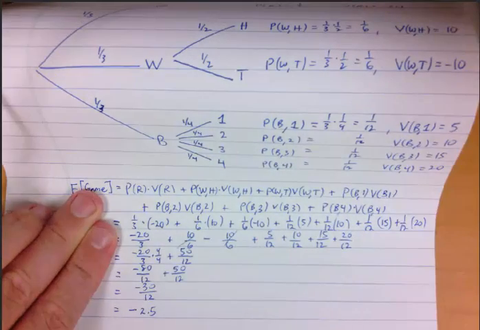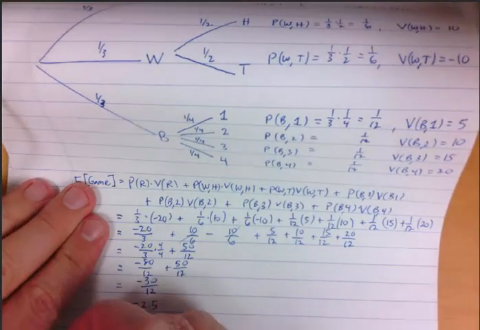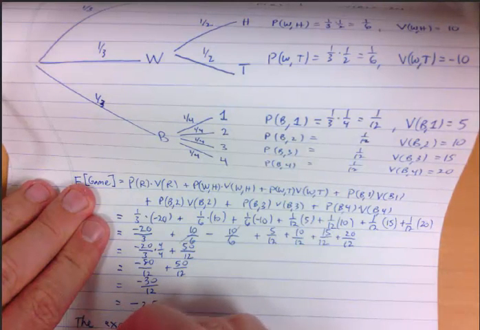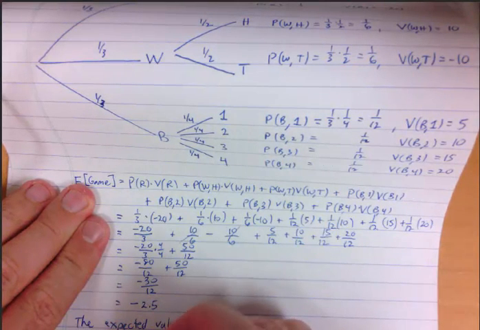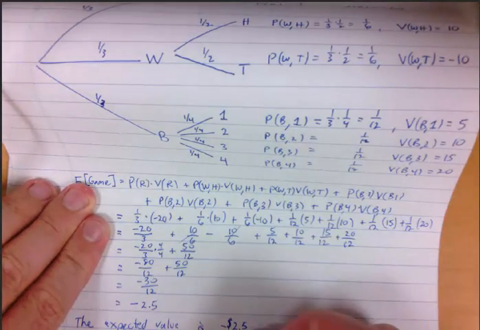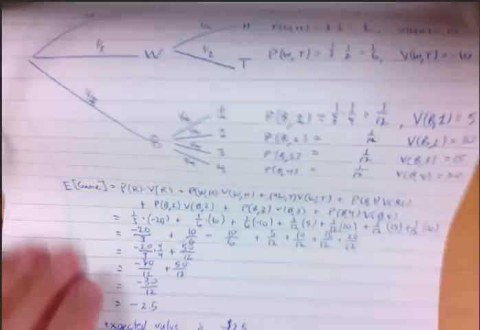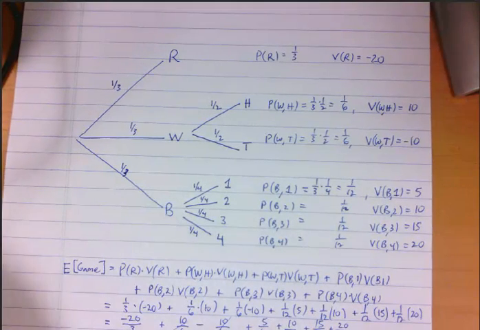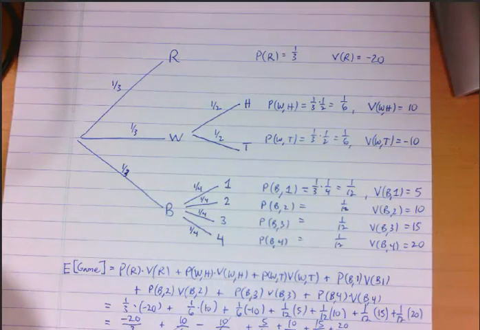So in this game, the expected value is -$2.50, and I'm going to stick the $ in there because we were given units in this problem. But that's how to handle a multi-step game and find its expected value.